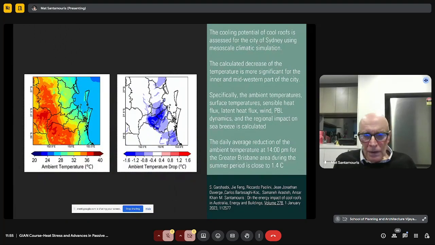And we have understood the expected decrease of the temperature, the energy impact, and many other things, together with the help of our friends from the University of Calcutta. What we found is that in Australian cities, and especially in Sydney, we may decrease the peak temperature during summer by 1.5 degrees.